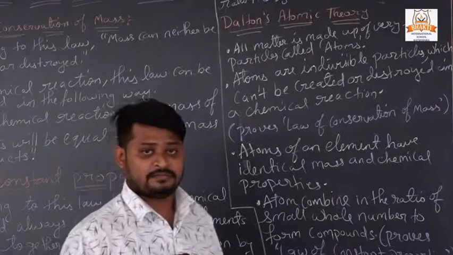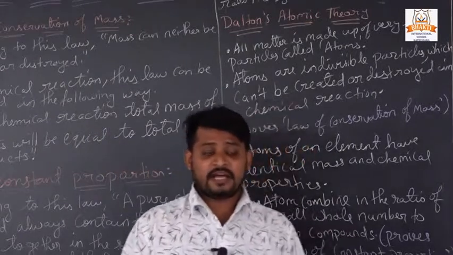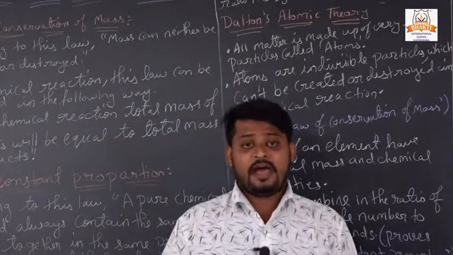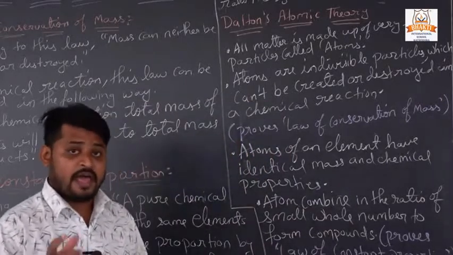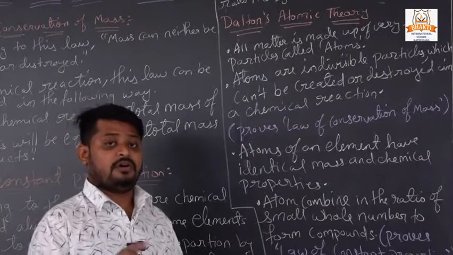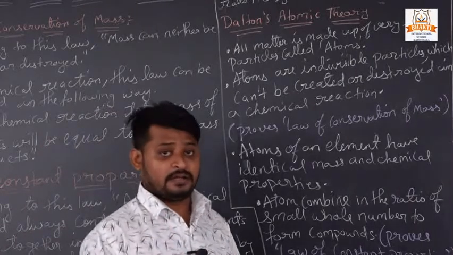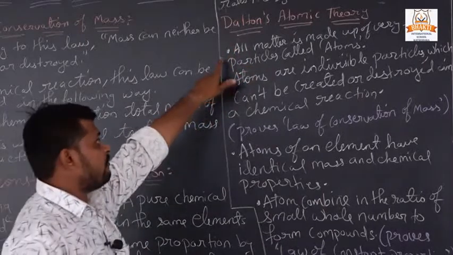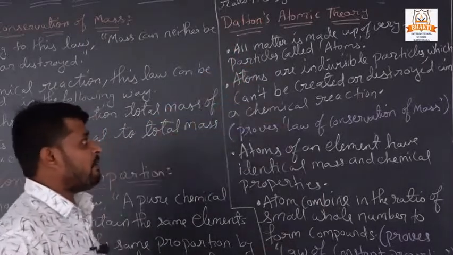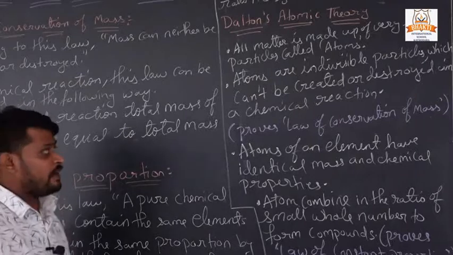What is matter? Anything that has mass and occupies space is called matter. And all matter, we know, is made up of tiny particles. This was given by Dalton. That is our first point: all matter is made up of very tiny particles called atoms.